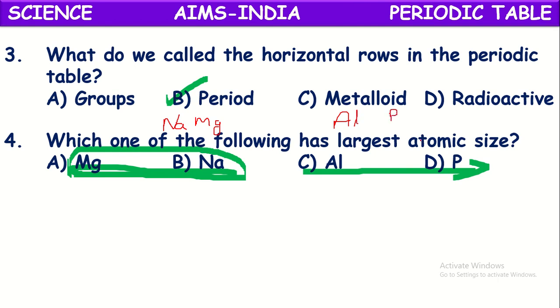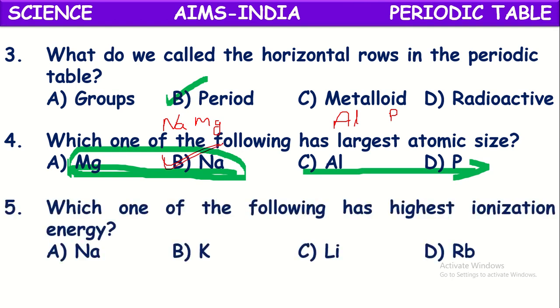This is the position of these elements. Now, how can we relate these four elements? These are all in the same period. In a period from left to right, atomic size decreases. The starting element, the alkali metal, will have the greatest size in any period. Among these, which is the alkali metal? Sodium. So sodium has the greatest size among these all.